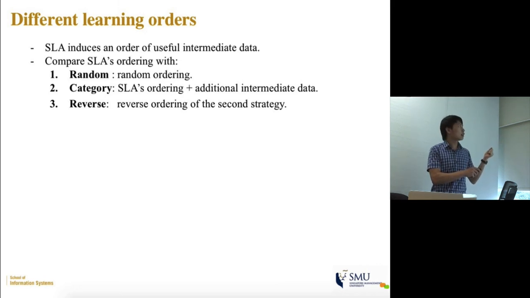The second one is category, which borrows the ordering of the LSA model algorithm, and then they add additional intermediate data and feed this into the autoencoder. And the last one is reverse. Basically, they just reverse whatever they have in the second strategy.